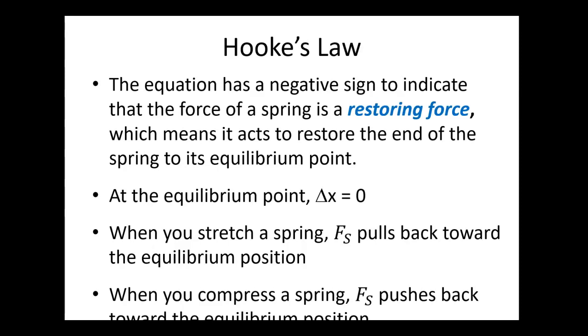And so when you stretch a spring and pull the end to the right, the spring exerts a force pulling back to the left. If you were to push the spring to the left, the spring force would act and try to pull the end of the spring back to the right again. So that negative means that the spring force always acts in a direction opposite the direction of the delta x.